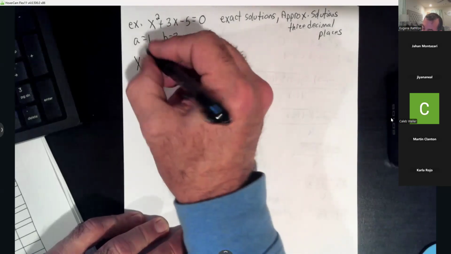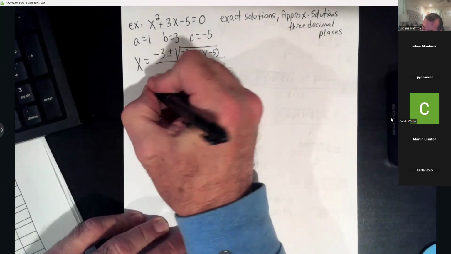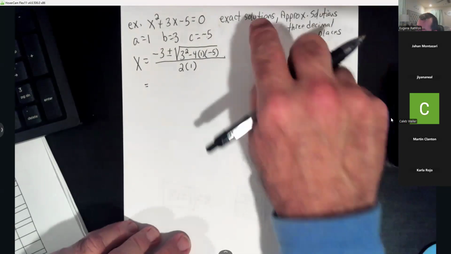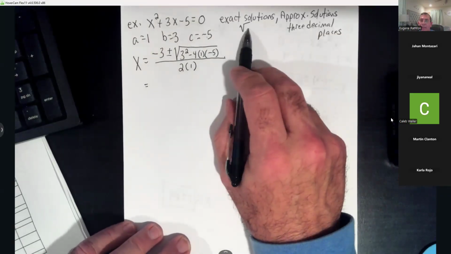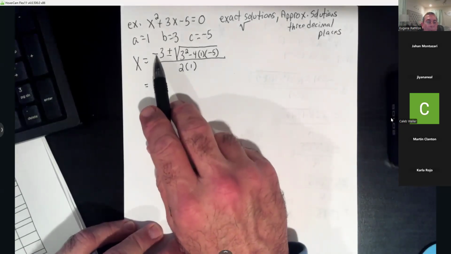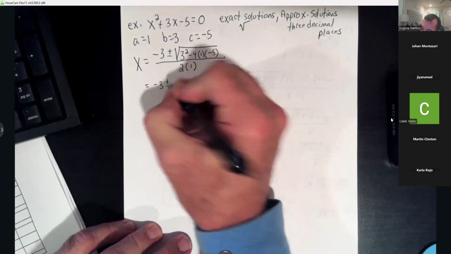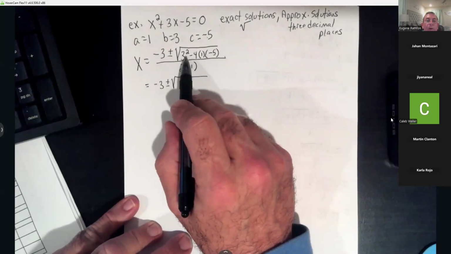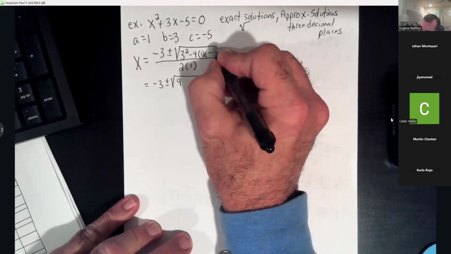All that over 2 times A, which is 1. So we're going to play with this. Now, exact solutions means the radical answers. So we'll get our exact answers first. So bring down that negative 3, plus or minus. All right, let me work under this square root. 3 times 3 is 9. And y'all look at this.